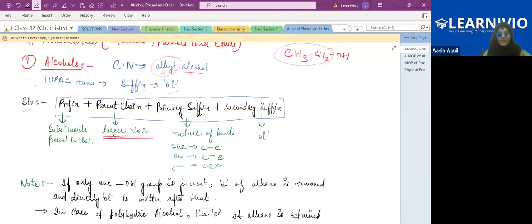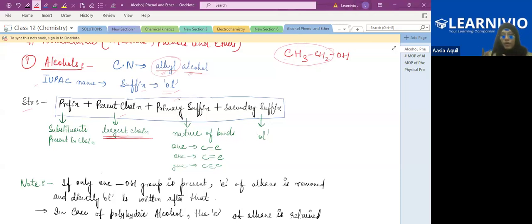After you have written the parent chain name, you have to write the primary suffix. It shows the nature of the bond between carbon and carbon: whether it is only a single bond, or a double bond, or a triple bond.